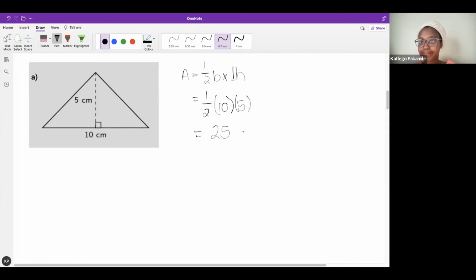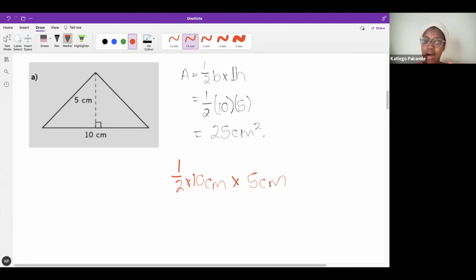What is my unit? Thank you, Quizzy. Centimeters squared. Now, I had to have this example because I wanted to emphasize the units. So if you look at this formula, it says half of 10 centimeters times 5 centimeters. Okay, how many centimeters are we multiplying here?